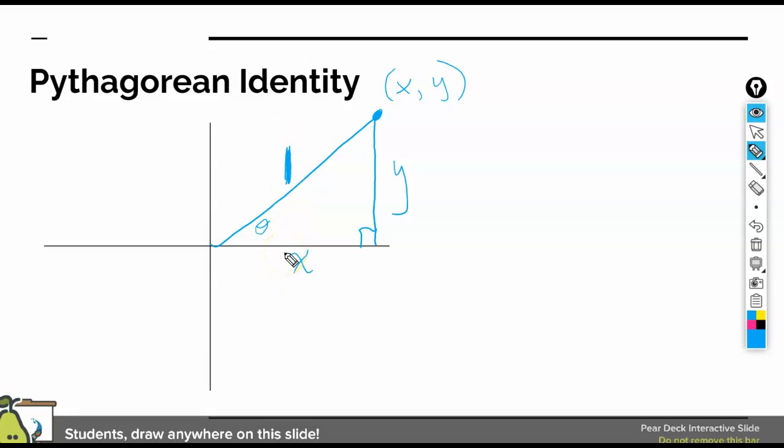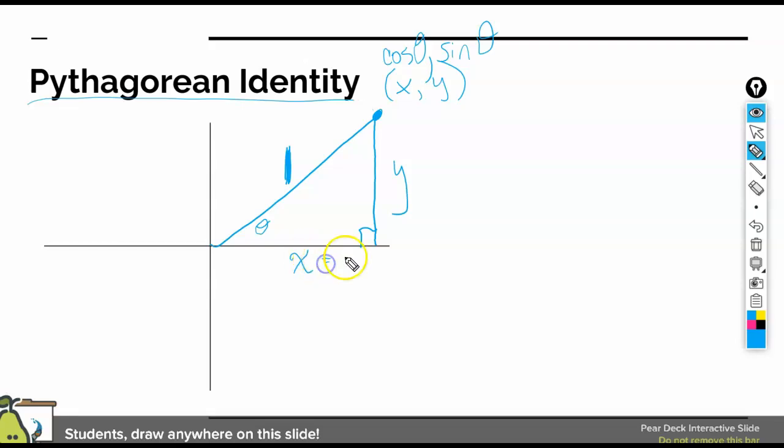And that's why we were able to say that for points on the coordinate plane, the cosine of the angle is the x-coordinate, and the sine of that angle is the y-coordinate. And so we also get one of our identities, the Pythagorean identity, out of this.